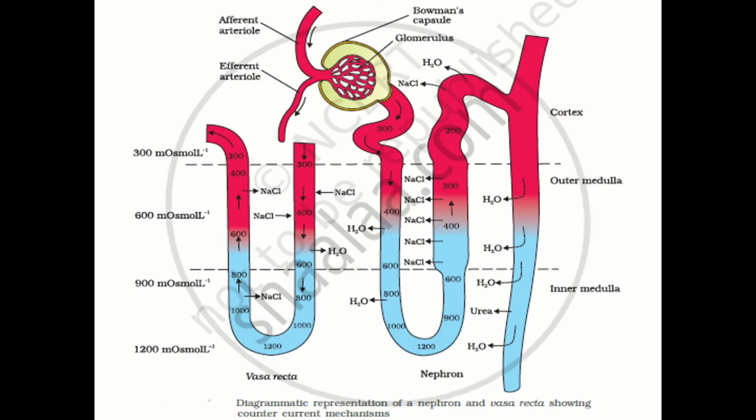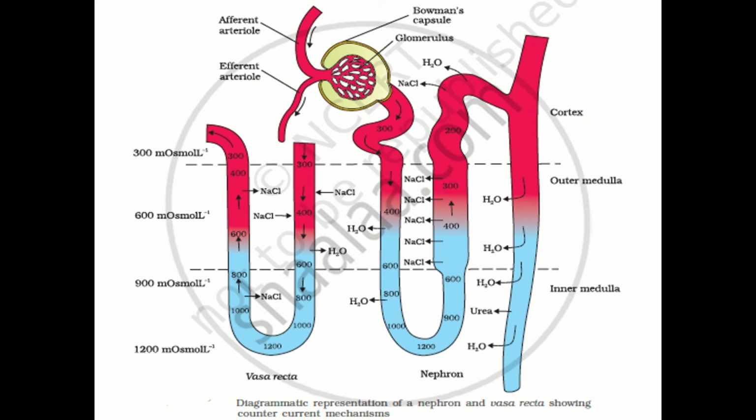NaCl, or sodium chloride, is transported by the ascending limb of Henle's loop, which is exchanged with the descending limb of vasa recta. NaCl is returned to the interstitium by the ascending part of vasa recta.